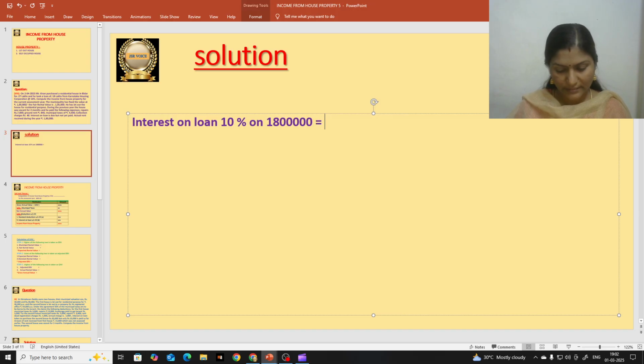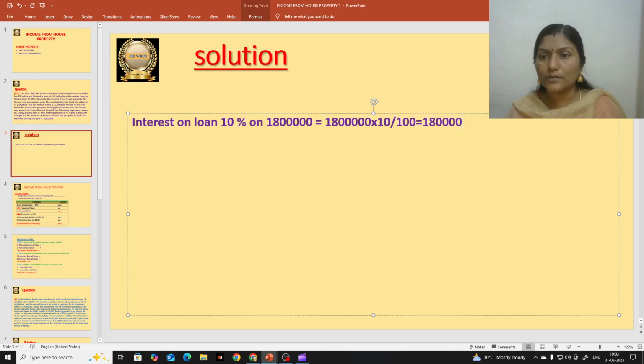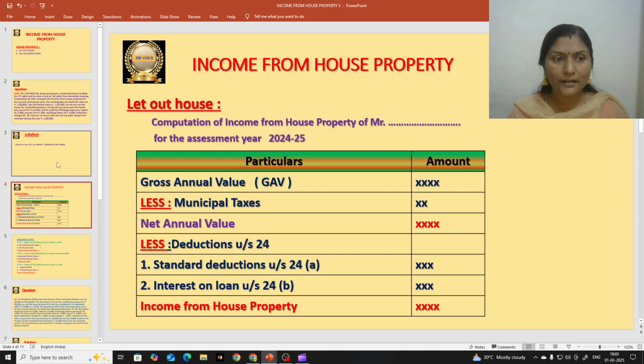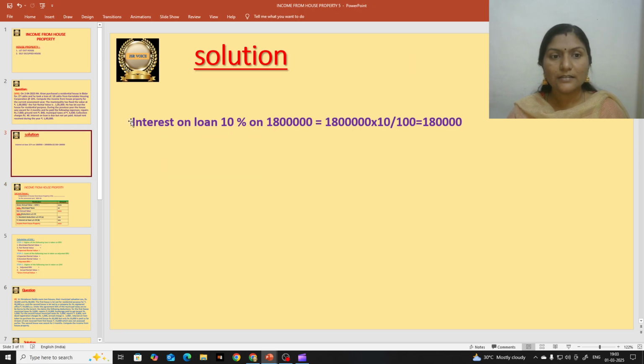How much will we get? 18 lakhs into 10%, means 10 divided by 100. So how much will we get? We will get 1,80,000. 1,80,000 is the interest on loan amount for 1 year. So this we can allow as deduction under what section? Under section 24(b).